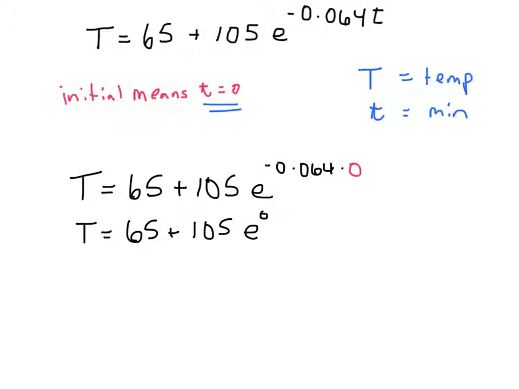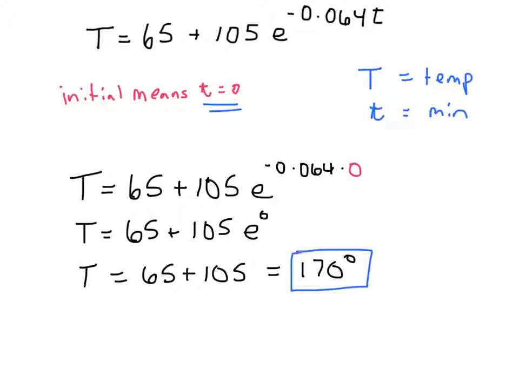And anytime you raise a number to the 0 power, you get a 1. So this is basically T equals simply 65 plus 105, and that's 170 degrees. So for that initial temp, we're talking about 170 degrees. And that was what they were asking for in part A.